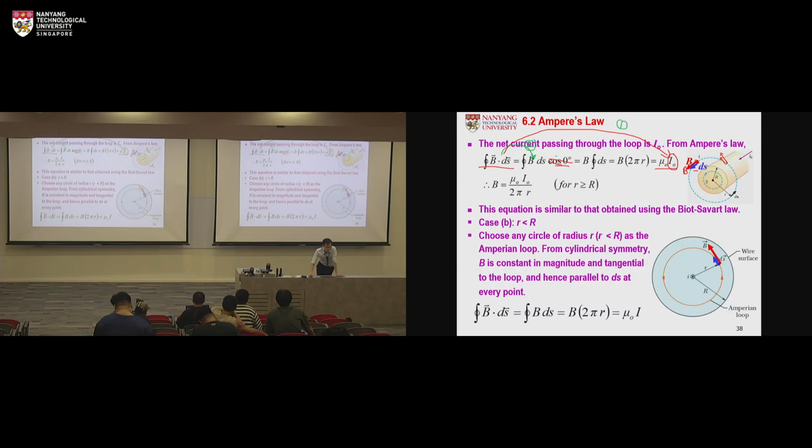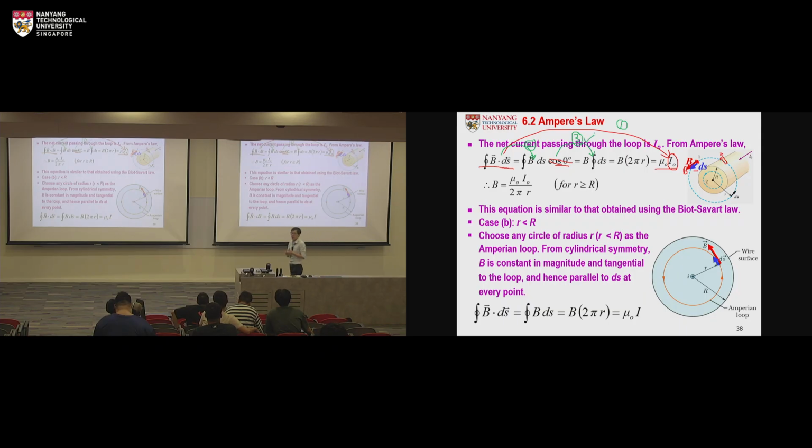And step 3, from here to here, can anyone tell me why this is valid? Again, from a physical point of view. Why is this step 3 valid?